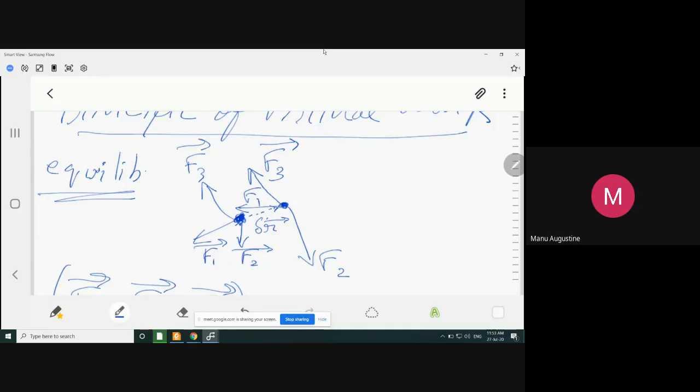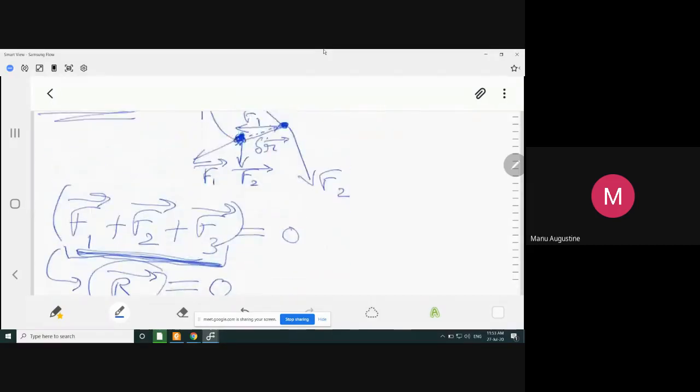You gave it a small displacement delta r. So whatever forces were acting on the particle, they also moved along with the particle. They were acting in the same direction, but you simply moved the particle, therefore the forces also moved, but they remain parallel to the orientations they were originally acting in.